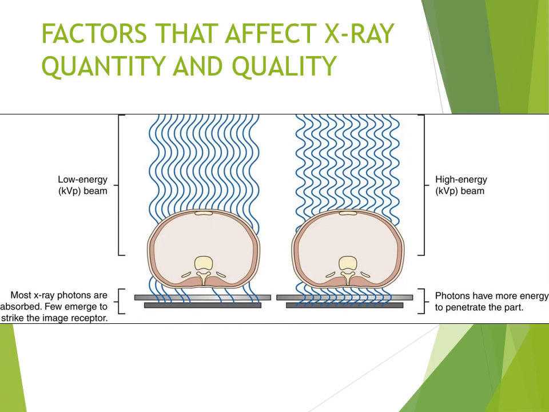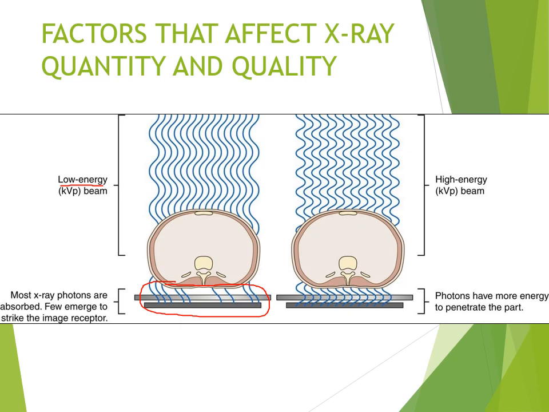When we look at KVP, a low KVP beam has low energy with long wavelengths, and there's going to be less X-rays reaching the image receptor because there's less penetration. More X-rays will be absorbed in the patient, and therefore there'll be less reaching the image receptor.